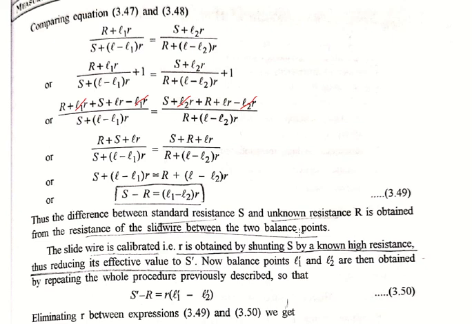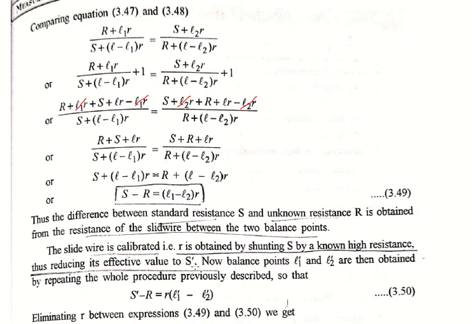Now we are going to eliminate this r, the slide wire resistance per unit length, by calibrating it, and for that we obtain a second equation in terms of S and R. The slide wire is calibrated, that is, r is obtained by shunting S with a known high resistance, thus reducing its effective value to S dash.